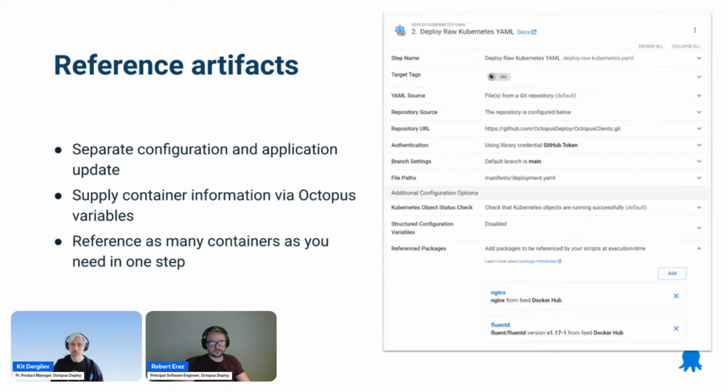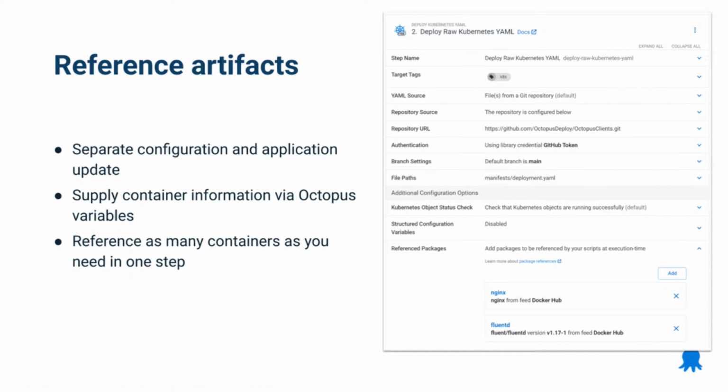The next one is complementary to the previous one, and was shipped even earlier, maybe a couple of years ago: reference artifacts. This allows you to connect Octopus to the feed where you store your containers or Helm charts, but most commonly containers. Octopus will then get information about a container, like the container image and tag, and store it as a variable in a release.